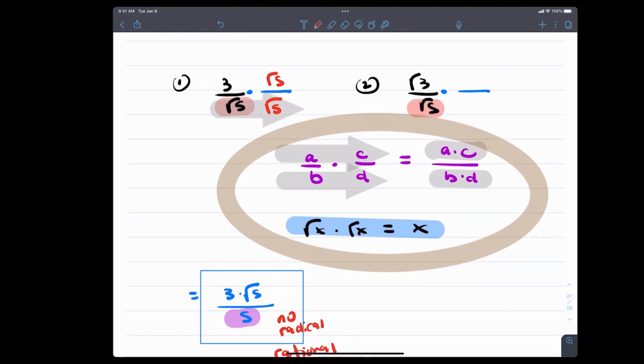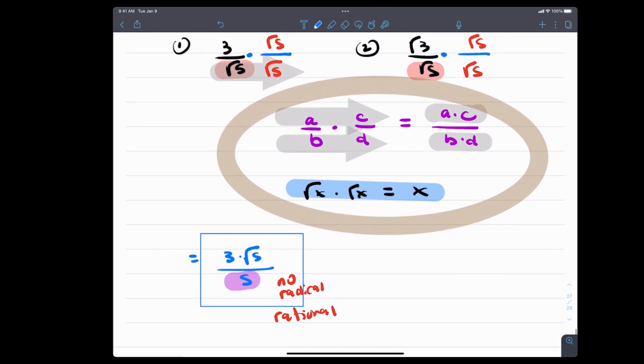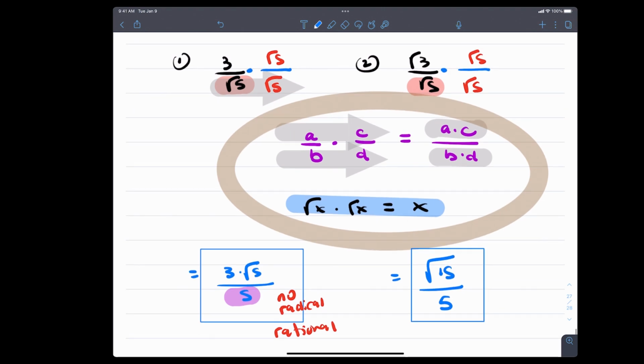Now, compare and contrast. When you multiply the numerators together, now you got the square root of 3 times the square root of 5. What's that going to give you? Square root of 15. Now, the square root of 5 over the square root of 5 is just what? Now, is the numerator radical simplified? Yes. So, ladies and gentlemen, you're done, and this is what you would see as your answers.